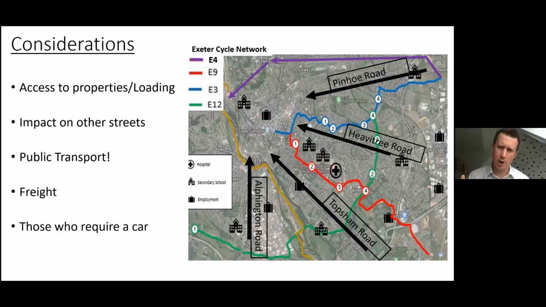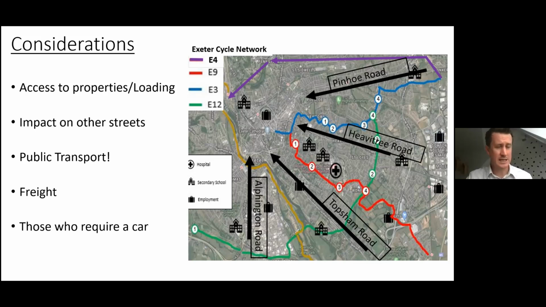They're long cycle routes, but we chose to put them in between the main highway corridors because those main corridors carry a huge amount of traffic, public transport routes, freight, and are also constrained by railway bridges. So to reallocate space there would have a significant impact on vehicle capacity. So the approach we took in Exeter was to focus those routes away from the main radial corridors, but in places perhaps you could reallocate space.